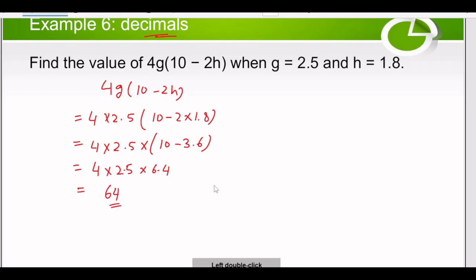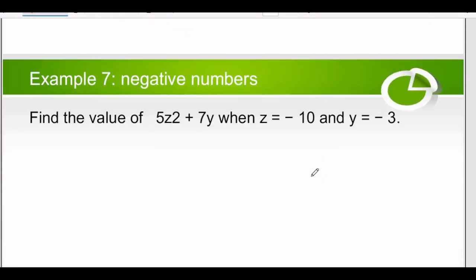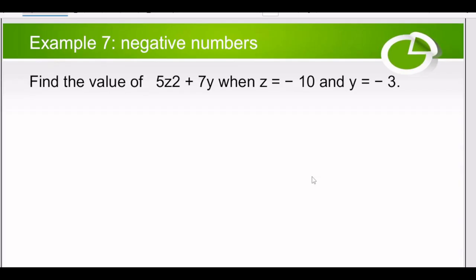Okay. Now, next one, we have a negative number, when the value is given as a negative number. This is actually 5z square plus 7y, when z is negative 10 and y is negative 3. So, negative 10 squared, plus 7 times negative 3. So, this is 5 times negative 10 squared, which is 100, plus minus, this will be 21.